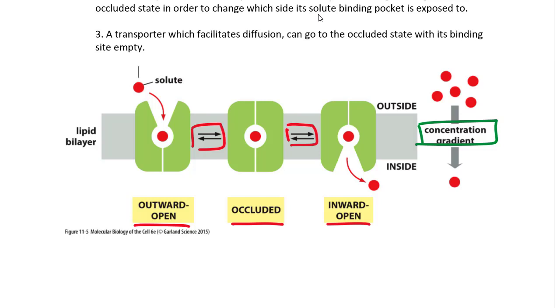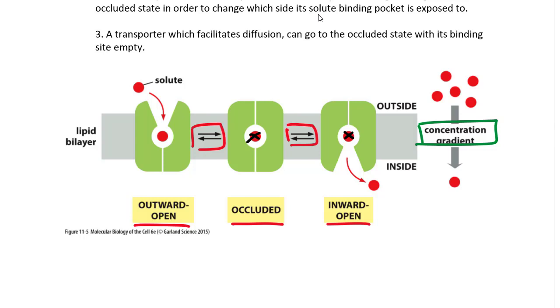Now, the transporter, in this case a uniporter, which we'll define later, meaning that it only binds one molecule at a time, can go to the occluded state completely empty-handed. In this picture, it's not going empty-handed, but it could simply be not picking up anything here and go to the occluded state empty-handed, and then go from the occluded state back to inward open or go to outward open.